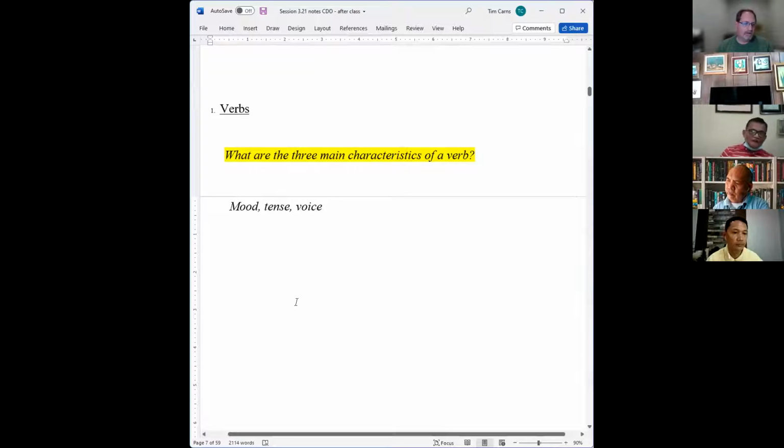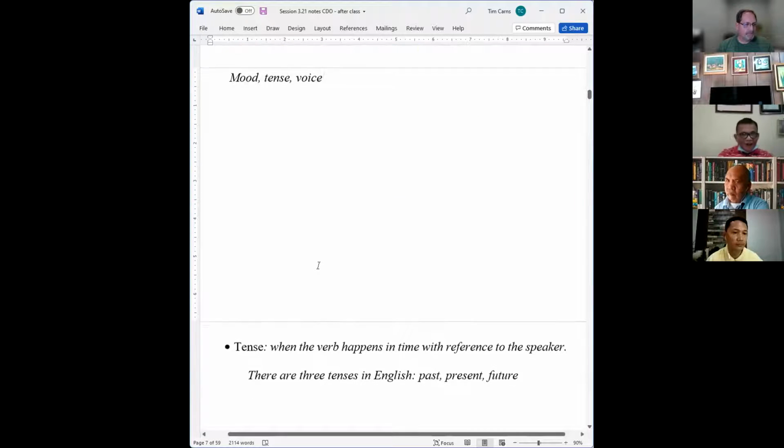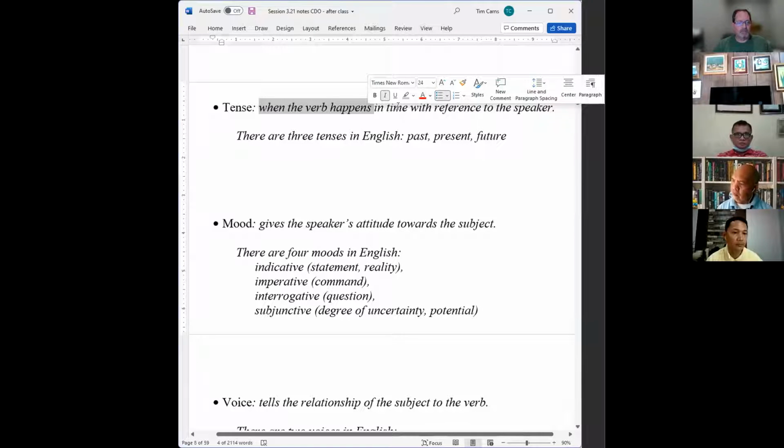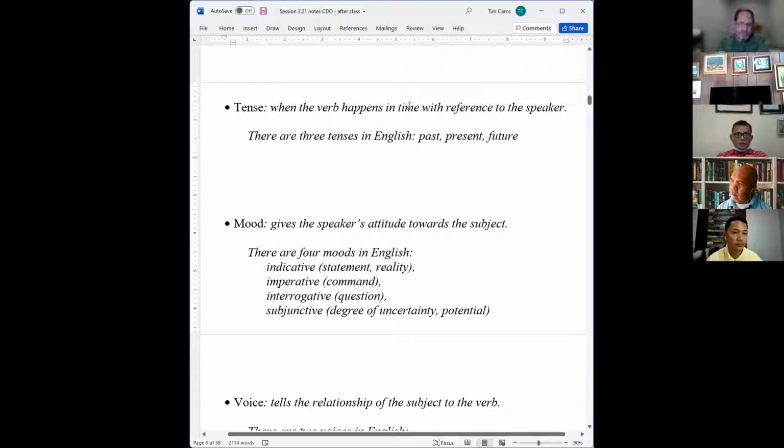Yes. Good. And we remember from that discussion, the tense. That's when the verb happens in time with reference to the speaker or the writer. And there are three tenses that we focus on in English: the past, present, and future. And again, in English, the verbs are really focused on from the perspective of time. That's a key aspect within English.